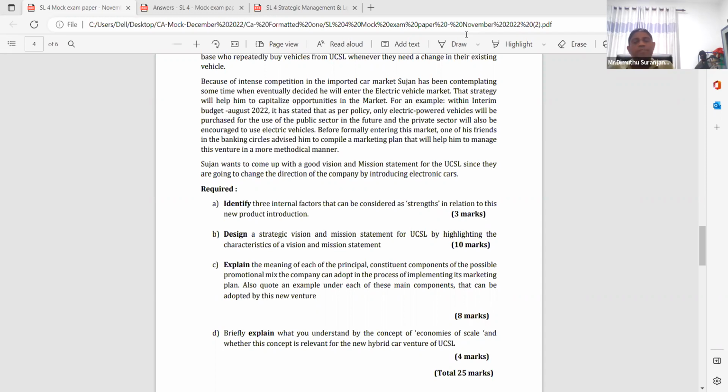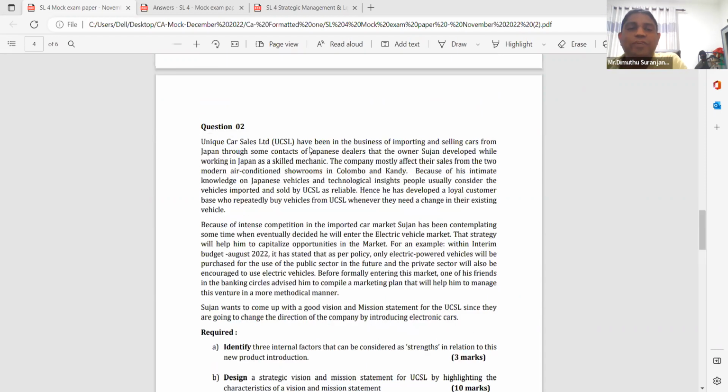The final one asks you to explain the concept of economies of scale, and whether it is applicable to the new hybrid car venture of UCSL. This is a strange question, no? But the mark allocation is very limited. Only 4 marks have been given. So we'll go through the facts given here.